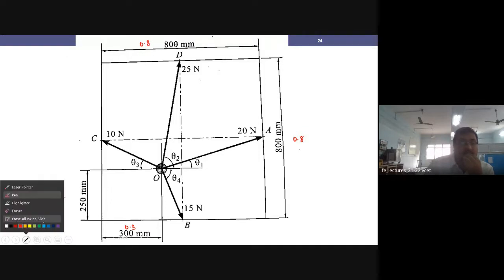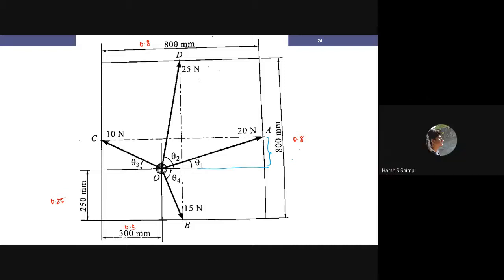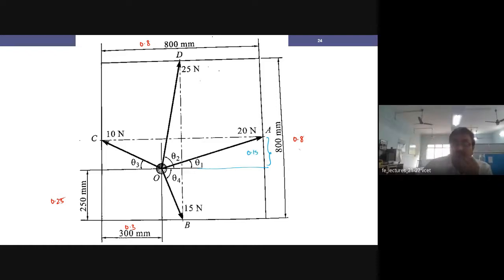Now I have to mark the angles. For theta 1, I'll extend this horizontal line of the angle until here. How much is this distance? Can you tell me? 0.15. Yes.